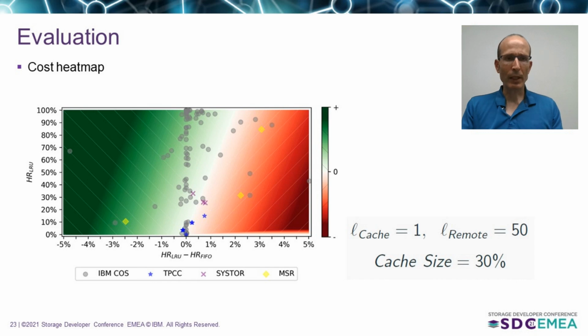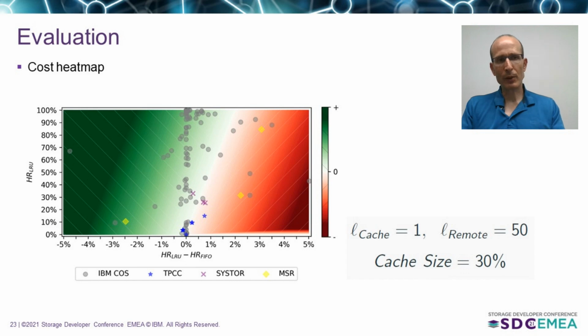And basically what we're showing here is the difference between the hit rate for LRU and FIFO on the x-axis. On the y-axis, we have the hit rate for the LRU. Really what it means is that the further up the graph you go, the higher the hit rate is.